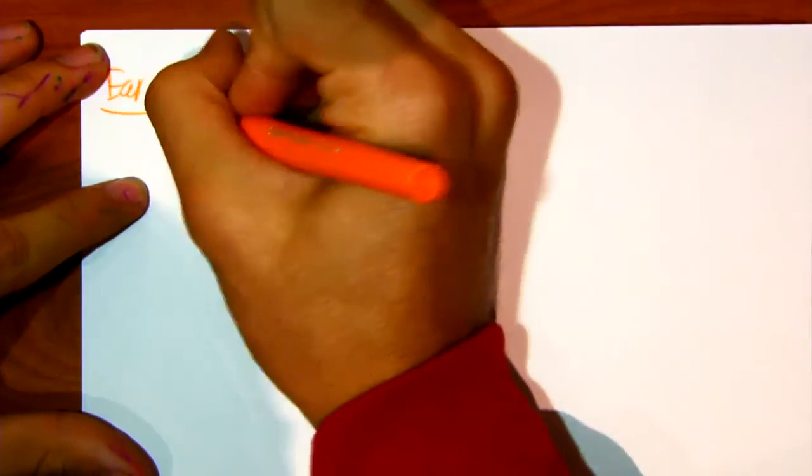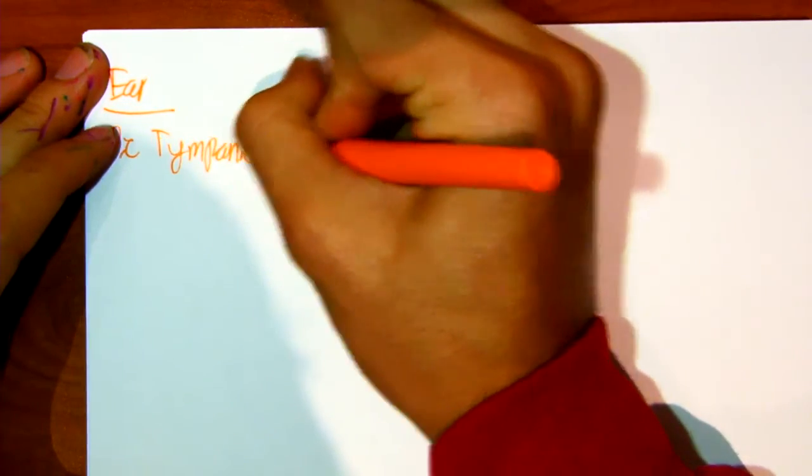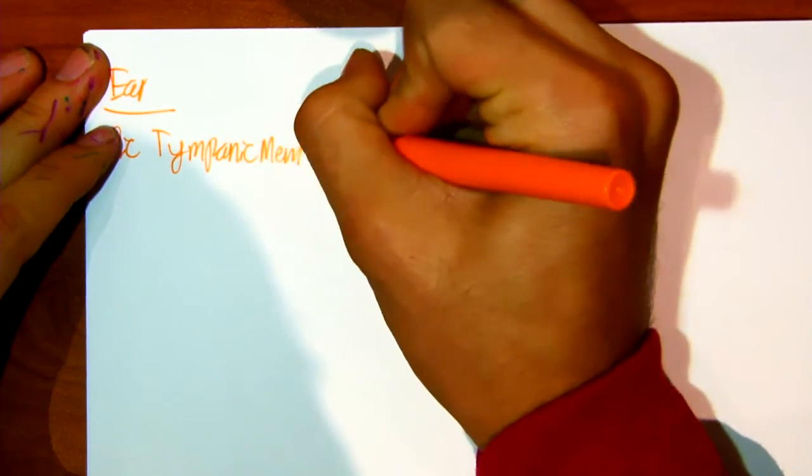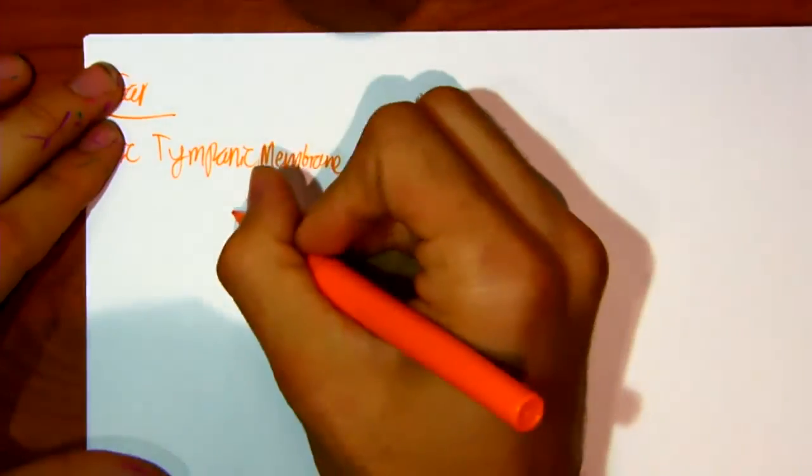So we're going to move on to the ear. The picture you're going to see on your exam for the ear is the tympanic membrane. Know what it looks like pathologically.